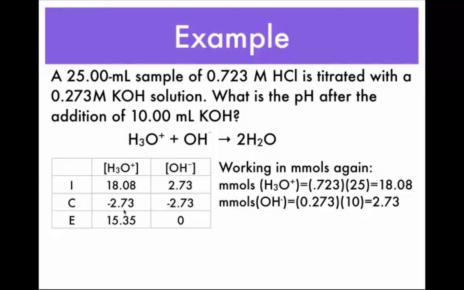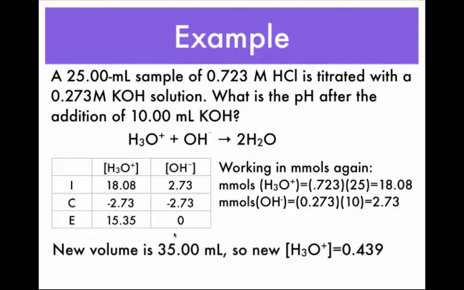And since it's a 1-to-1 reaction here between the base and the acid, we have the same number of millimoles there. We subtract them out. We have no OH minus, and we still have 15.35 millimoles left of the H3O plus. So with that, we calculate a new volume. We start with 25. We added 10 milliliters of KOH, so our new volume is 35 milliliters.